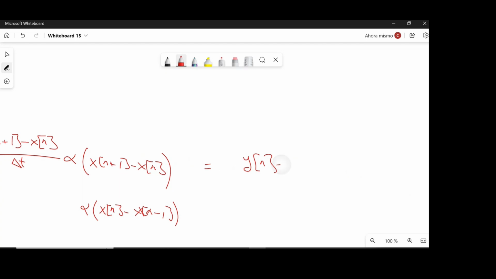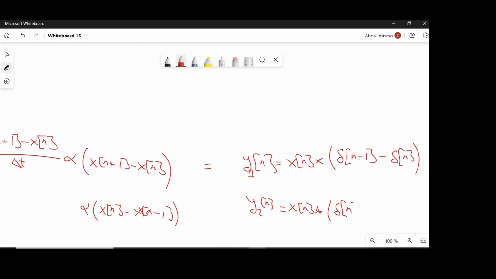I can express this thing as x of n convolved with delta of n minus delta of n minus 1. I could also have said something similar. So this is y1, an approximation of the derivative, and this is another approximation of the derivative, x of n convolved with delta of n minus delta of n plus 1.